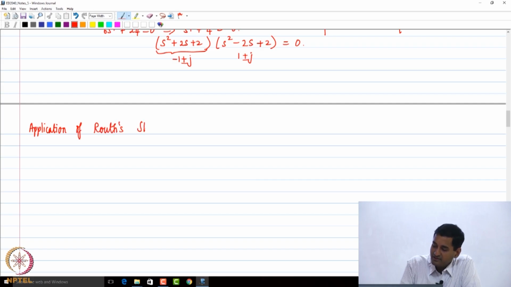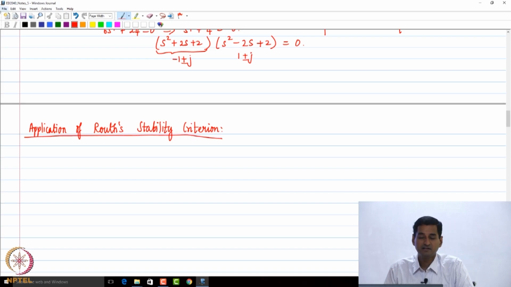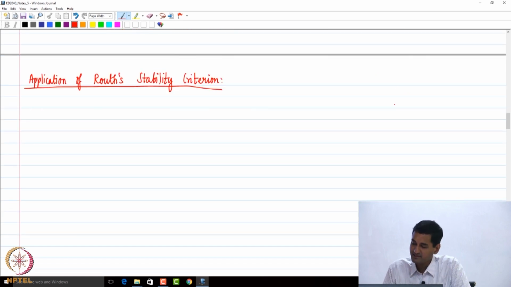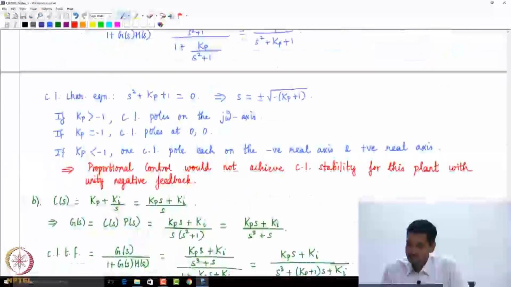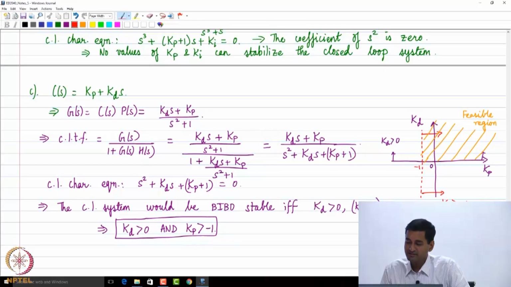We already did one example yesterday, wherein we looked at how to get the feasible region of the controller parameters to give us closed loop stability. If I go down, this is the example which we did. We used Routh's criteria to figure this out.